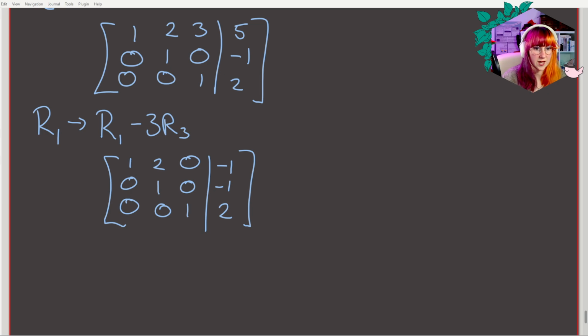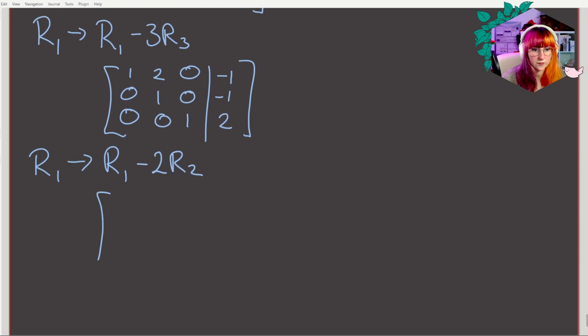Then we need to get rid of that 2, and that's the only thing left. So we do R1 goes to R1, and we need to subtract 2 lots of R2 from it. So 0, 1, 0, 0, 0, 1, minus 1, 2. One more. Okay, leave the 1 alone.